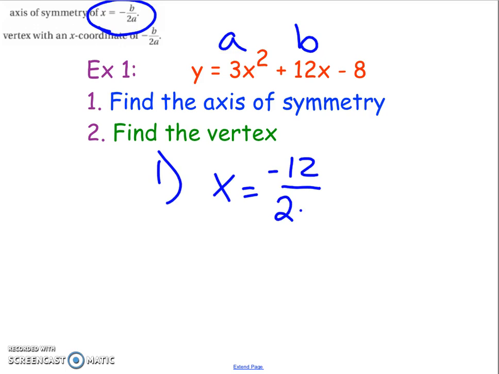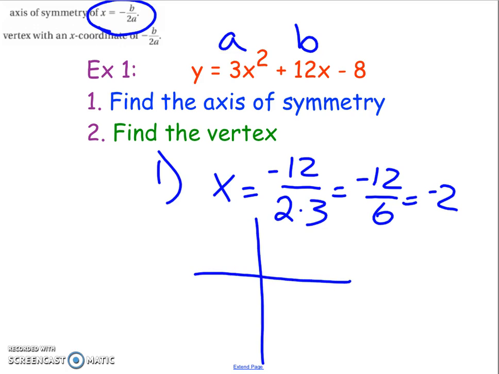Well, a is 3. Negative 12 over 6 is negative 2. So that means my axis of symmetry would be at the line x equals negative 2. So something like this would be my axis of symmetry.